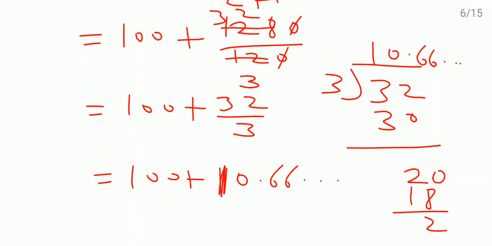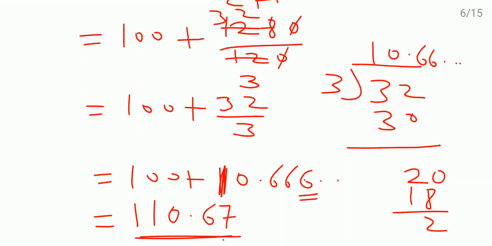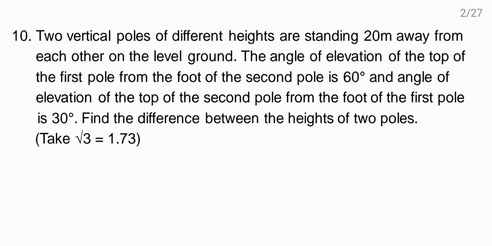This is 10. So which is equal to, here also 6. So I can increase the previous digit by 1. Right? So it will become 110.67. This is the mean of the given data. Right? Let us see the 10th question.